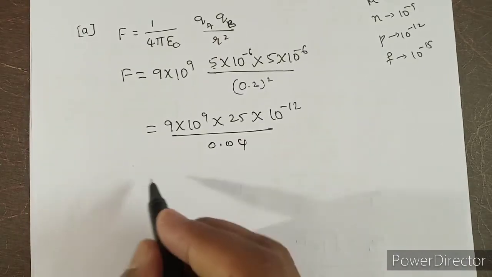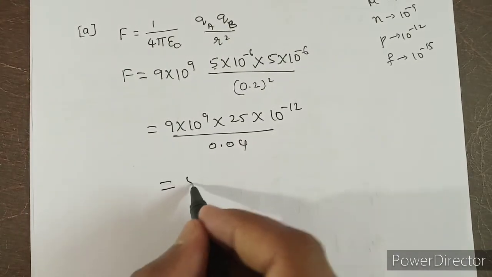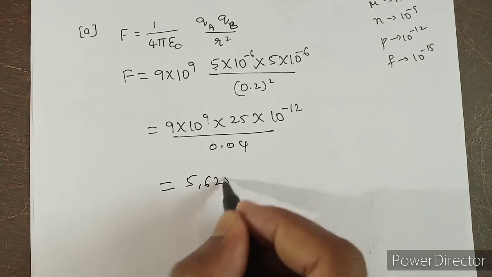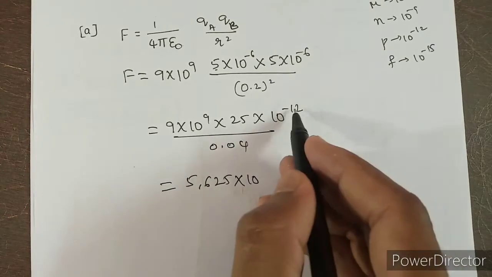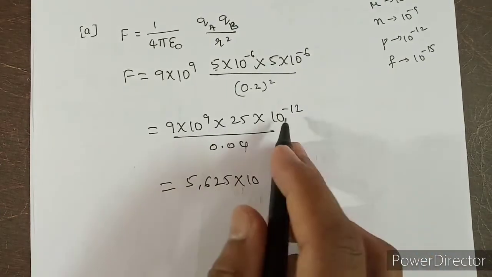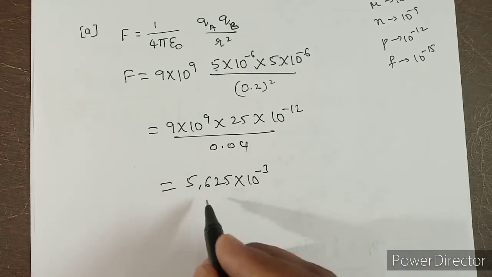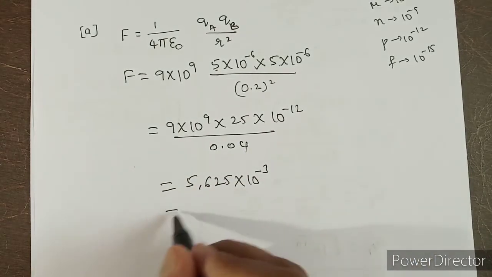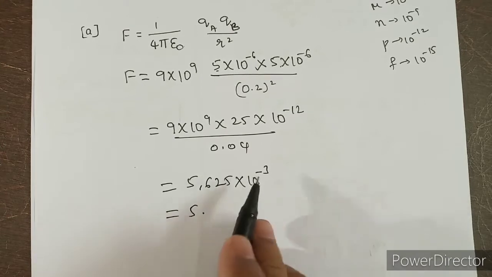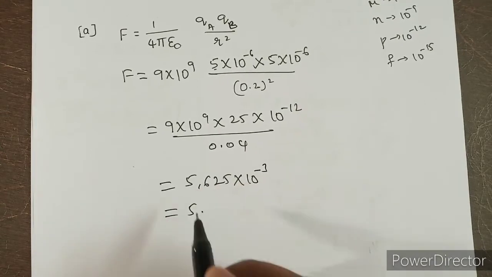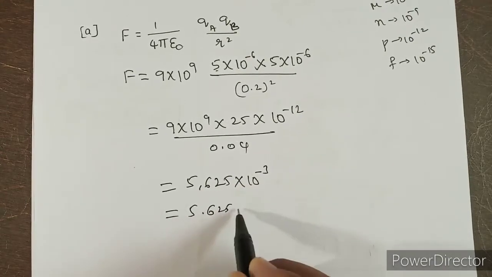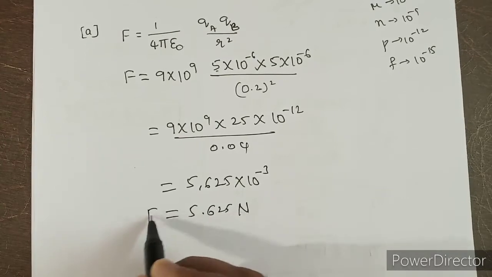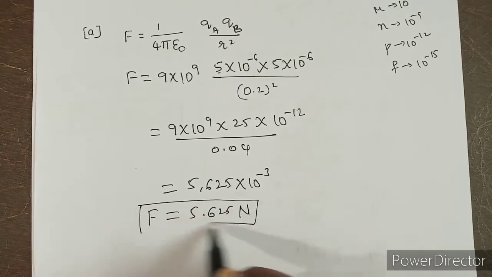And if you solve this, how much will you get? 5625 into 10 to the power 12 minus 9 minus 12, which is minus 3. So this is the answer, or you can write it like this: 5.625 Newton. So this is the force between two charges. Simple as that.